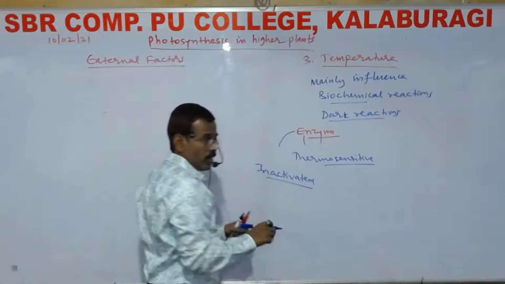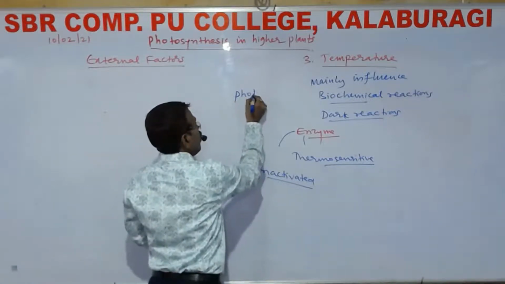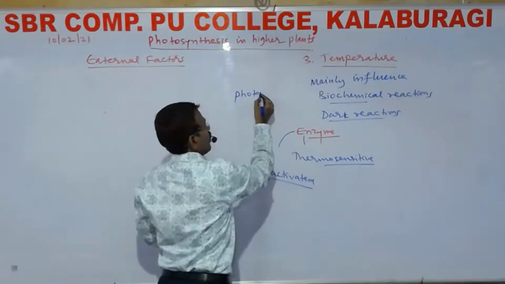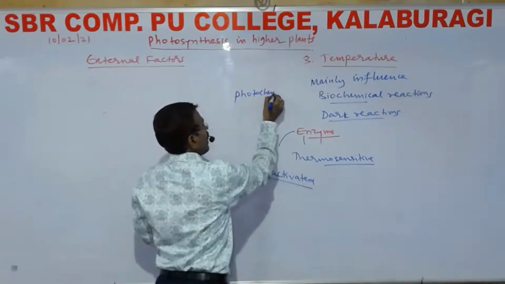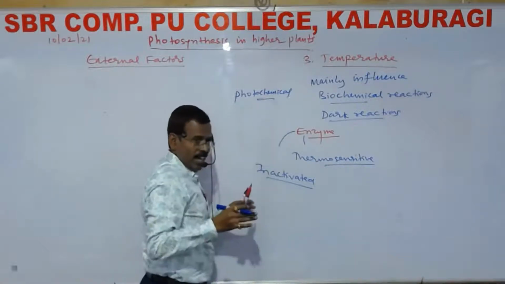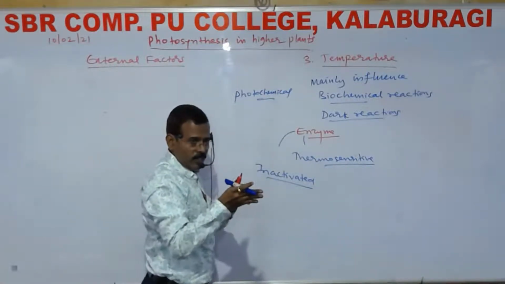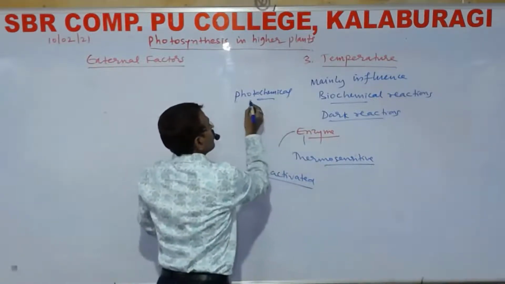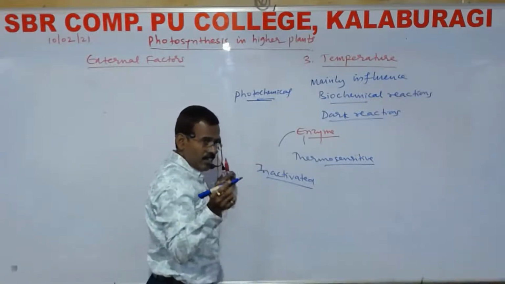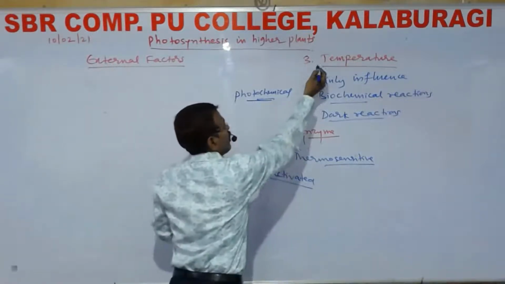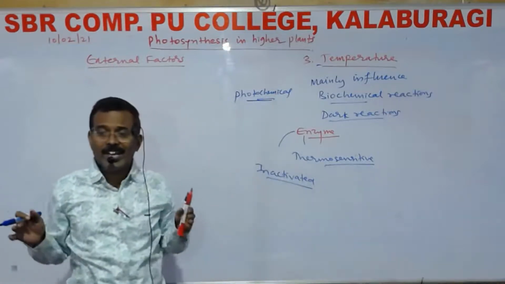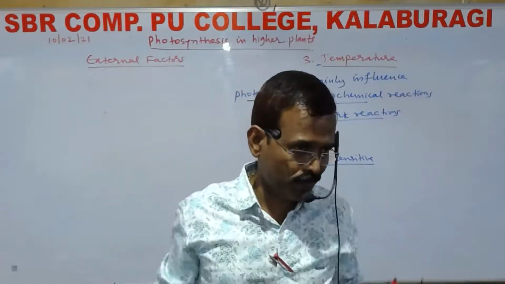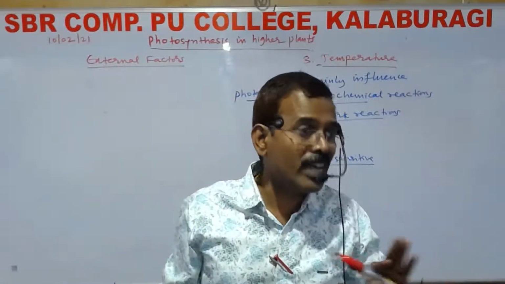Temperature can influence the photochemical reaction also, but sunlight controls the availability of light intensity and temperature. This photochemical reaction is less affected by temperature because in light reactions there is not much involvement of enzymes.